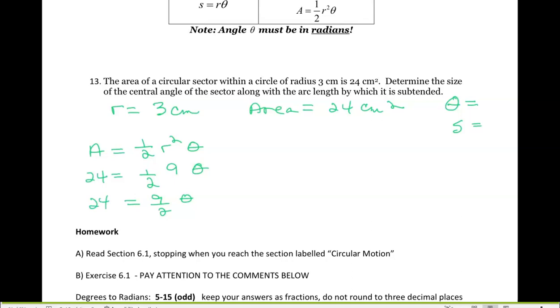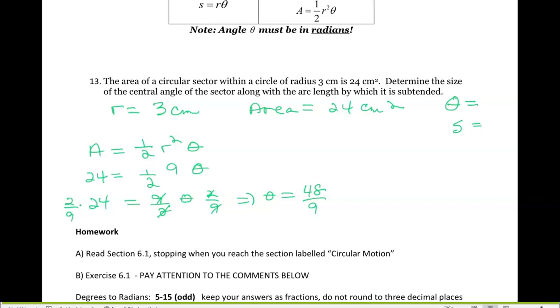So 24 equals 9 over 2 theta. And I multiply both sides by 2/9, right? That cancels. I want to get theta by itself. Do the same thing over here. And it ends up that theta equals 2 times 24 is 48 over 9. Okay, so that's my theta.